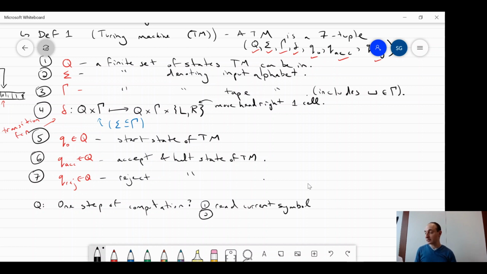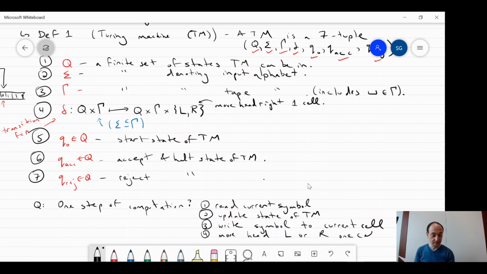Then we update the state of the Turing machine itself. And finally, of course, we're able to overwrite the current symbol and move the head. So write a symbol to the current cell, and we can move the head left or right one cell. That's it. Those together constitute one step of a computation on a Turing machine.